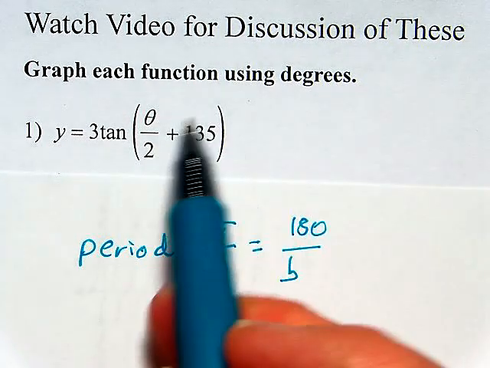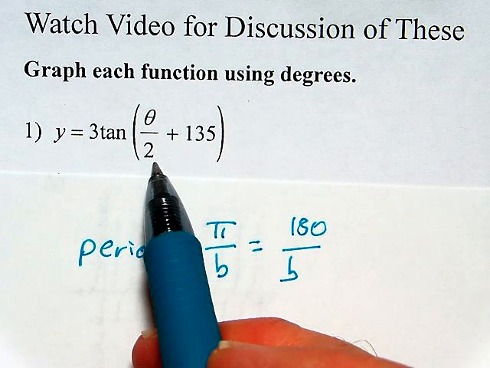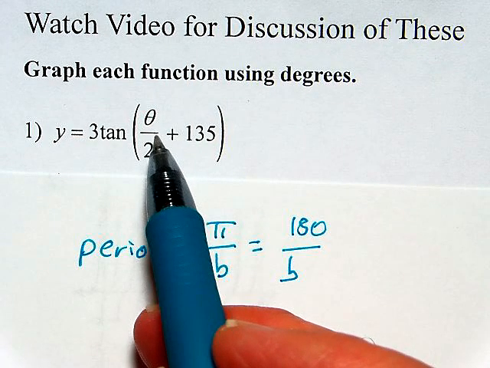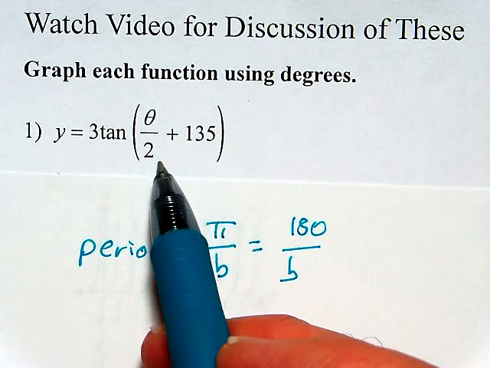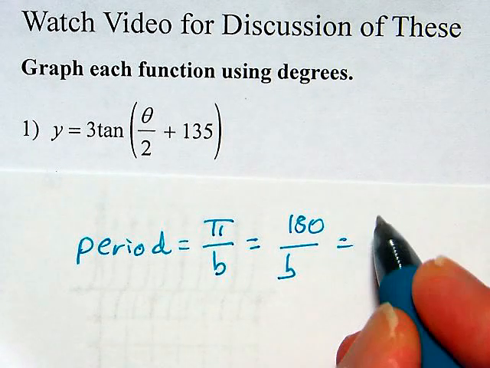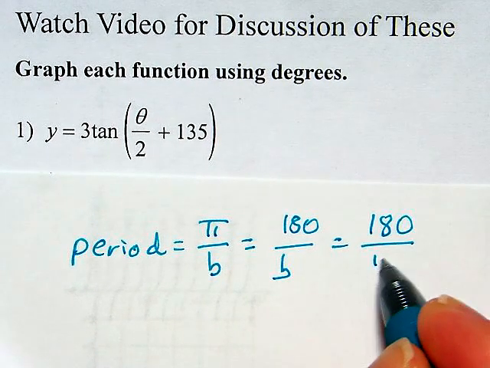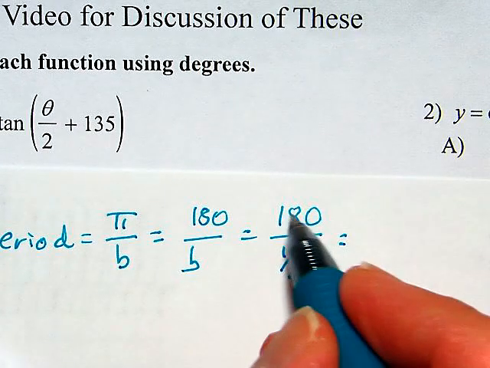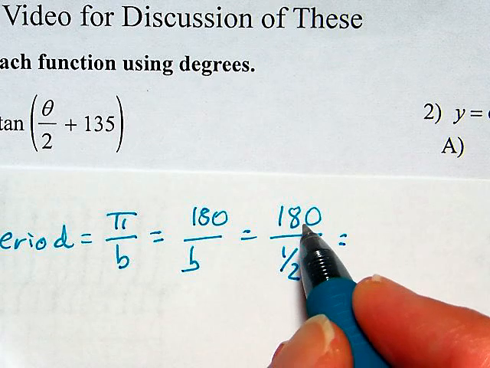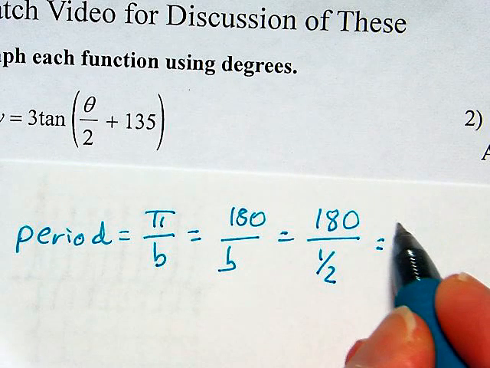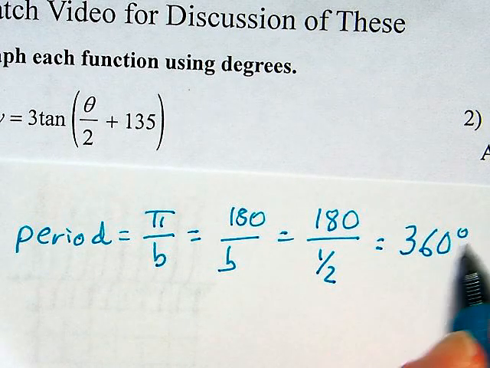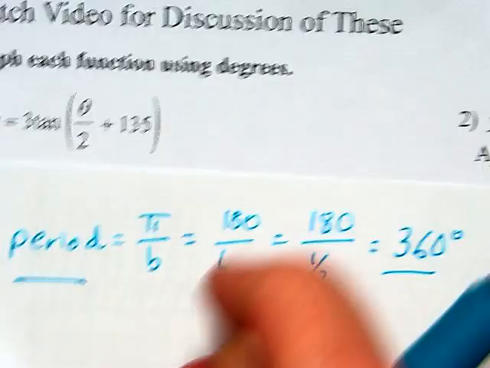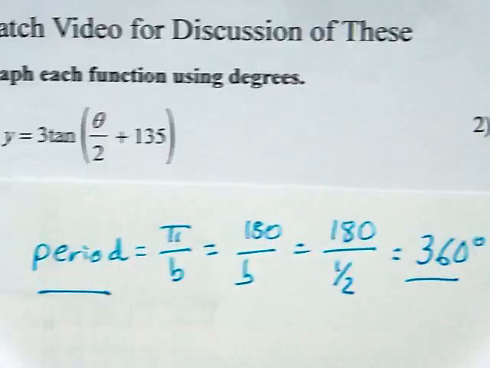And b, remember, what is b in this case? What is theta being multiplied by? It's being multiplied by 1/2. So b is 1/2. So the period is 180 over 1/2, which is the same thing as 180 times 2, which is 360 degrees. So our period for this function is 360 degrees.